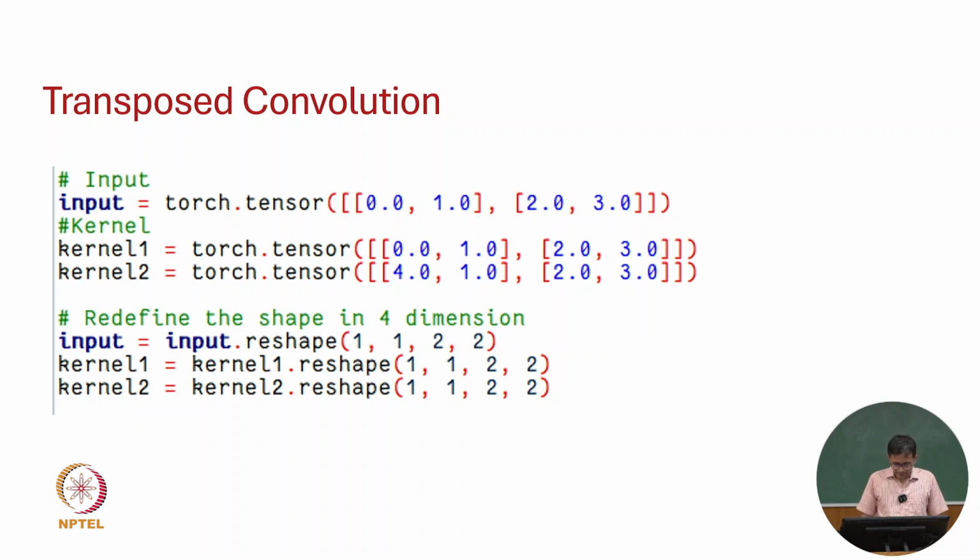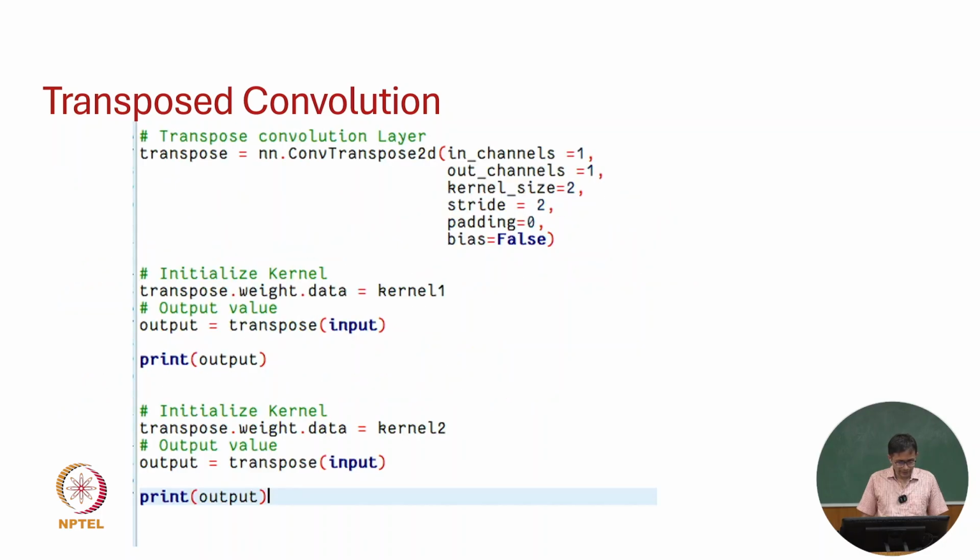And now what we are doing, we are taking this transpose convolution with respect to the kernel 1 and with respect to the kernel 2. And we are printing the output both times. So you can go through this simple exercise.